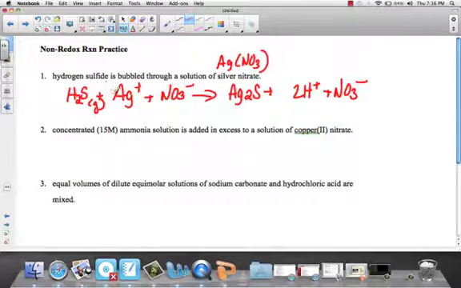So the Ag is going to hook up with the sulfur and form silver sulfide, which is a solid. It's also going to form nitric acid, which is a strong acid and is going to automatically dissociate. Now I just did this all in one step. You could have written H2S plus silver nitrate yields Ag2S plus nitric acid, and then broken it down in the next step.